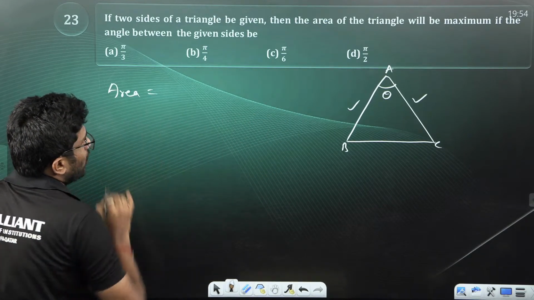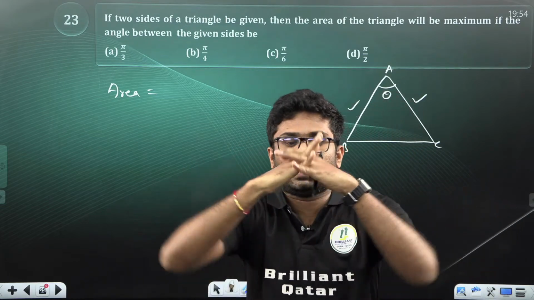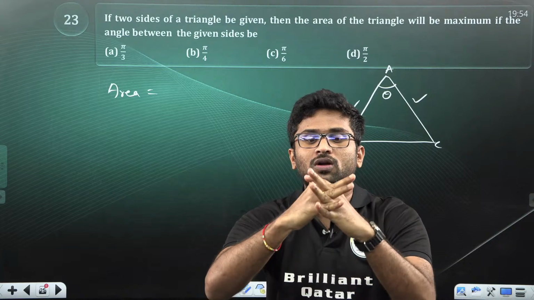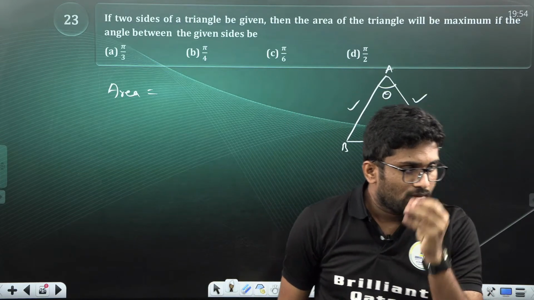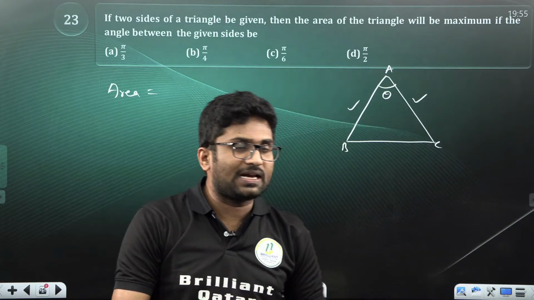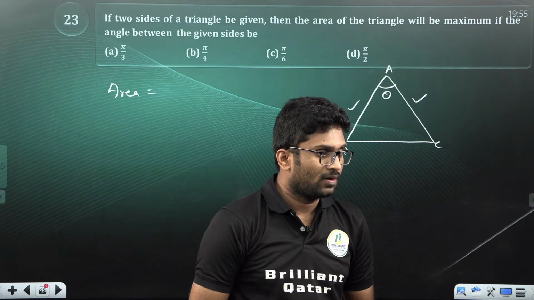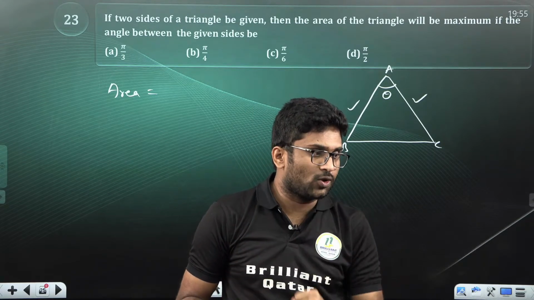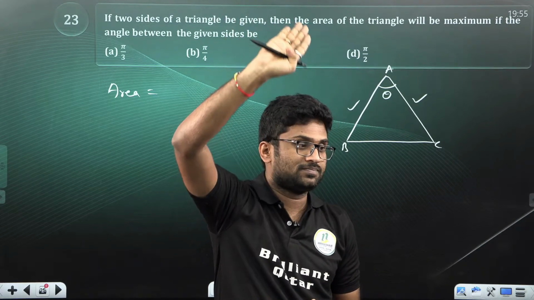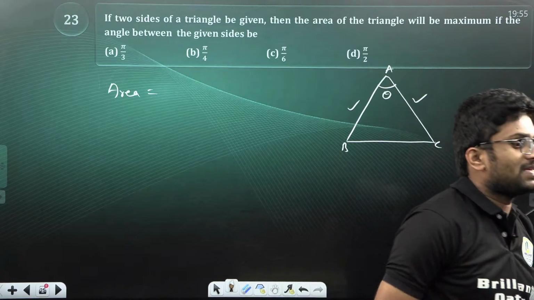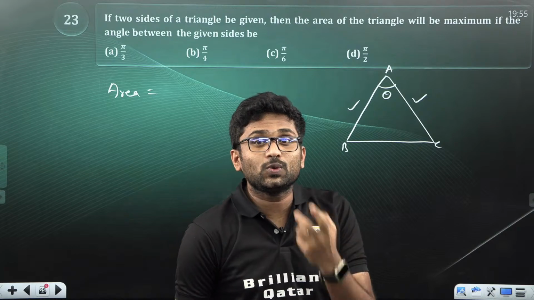What is the formula to calculate the area of a triangle if two sides and the included angle are known? We have been using this from grade 10. Half AB sin theta, very good. Half into AB into sin theta.